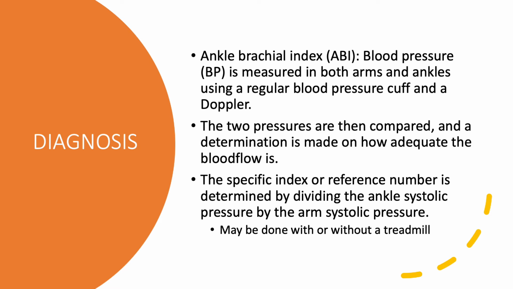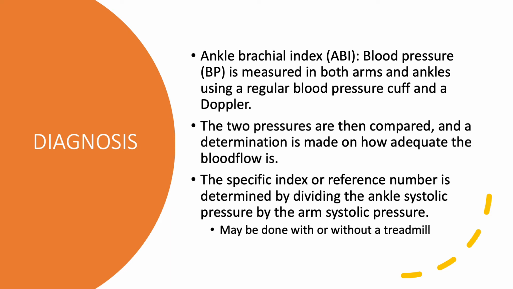How do you diagnose patients with PAD? Once the physician suspects that the patient has PAD, especially in those with risk factors like age, atherosclerotic plaque, and underlying coronary artery disease, they will order a diagnostic test called the ankle-brachial index, or the ABI.